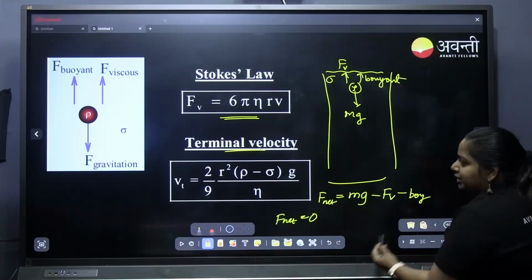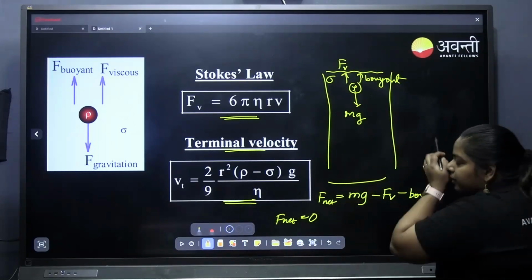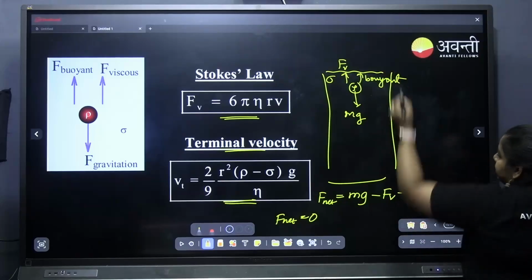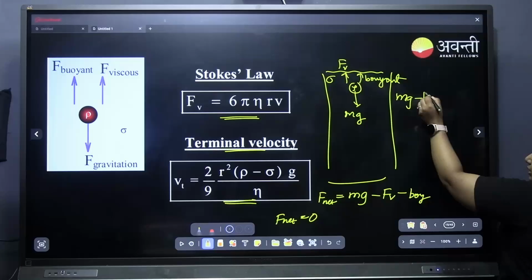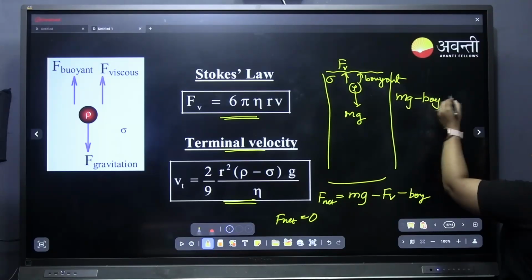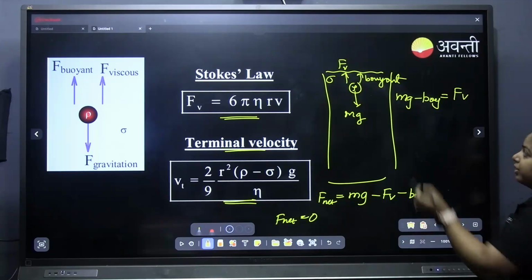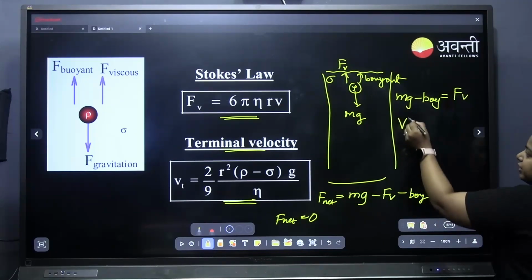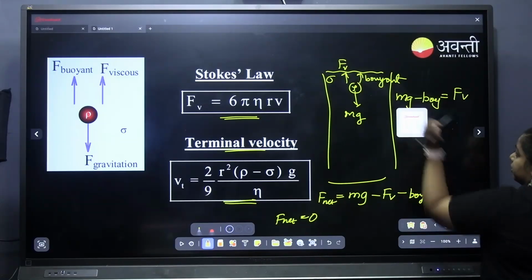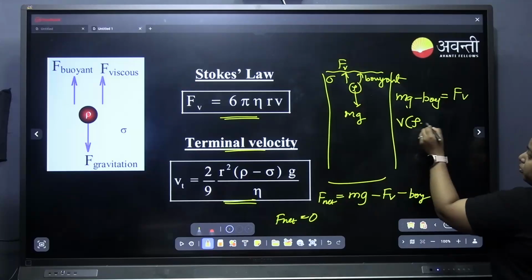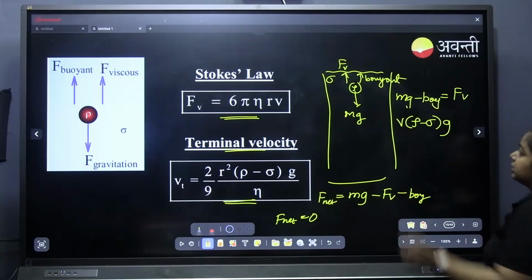By substituting this, we are getting this formula. The formula will come as mg minus buoyant force equal to Fv. Like this you will get mg minus buoyancy, that is V into rho minus sigma into g.